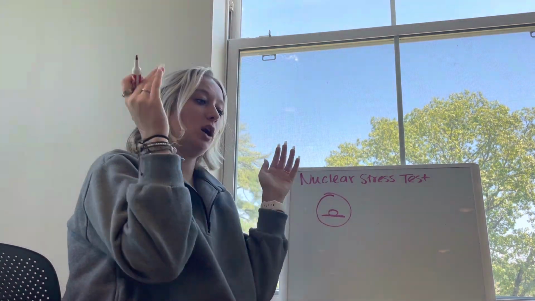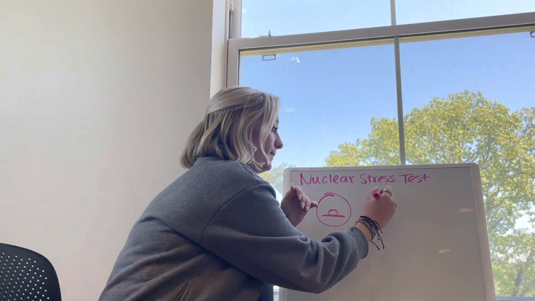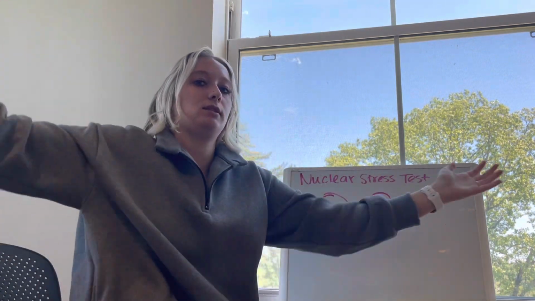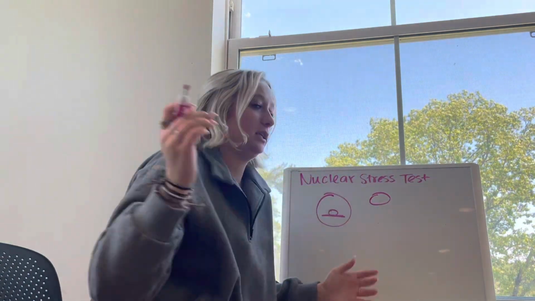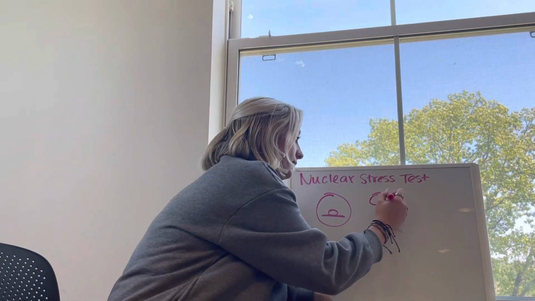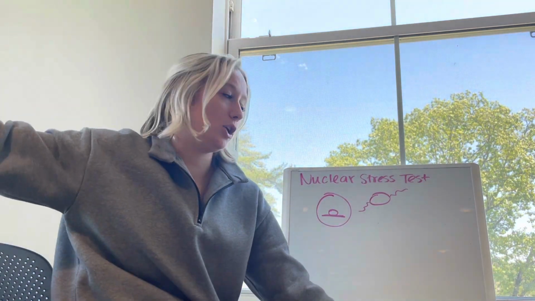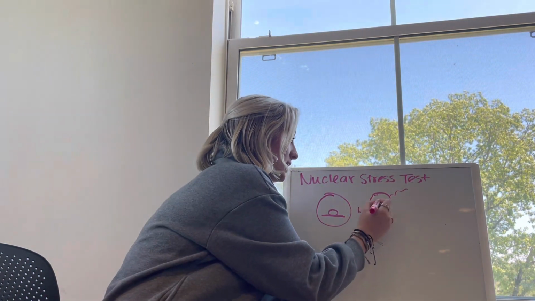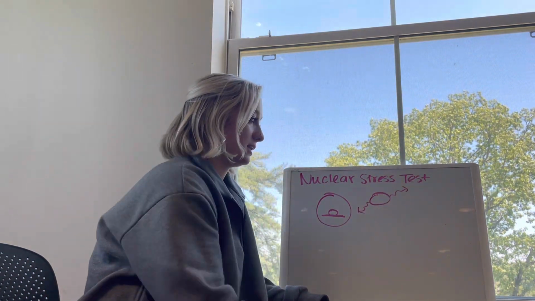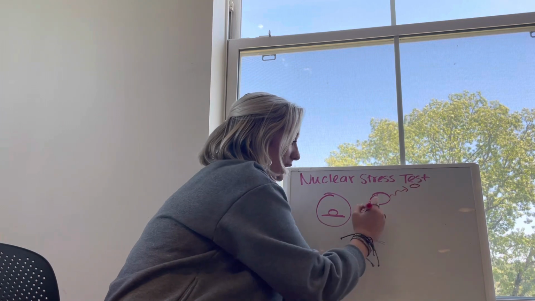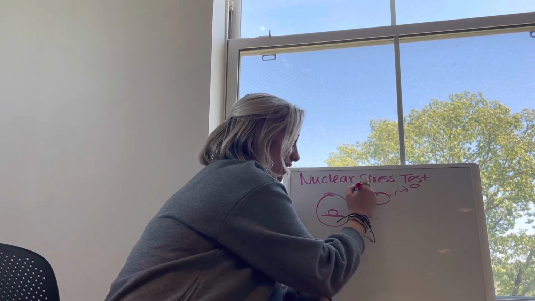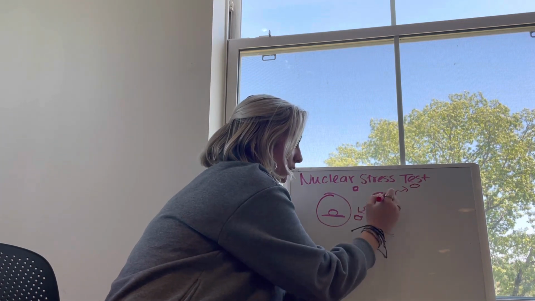As soon as the photon releases, it's like radiation. It's going to come out like that. It always comes out at 180 degrees. So it's releasing its radiation like this. Then you've got your cameras, like here. I should have done a square. Cameras.